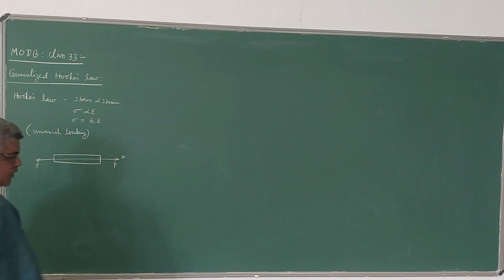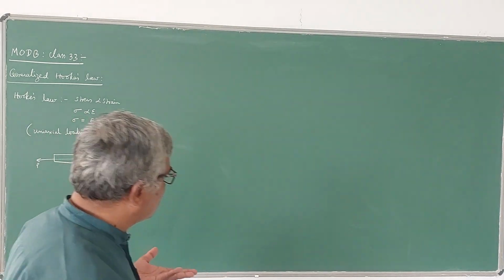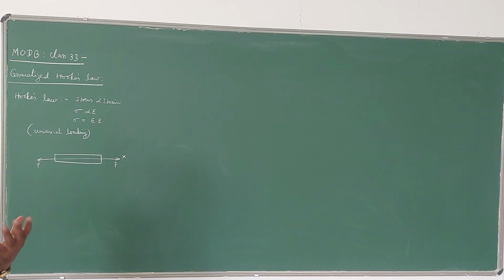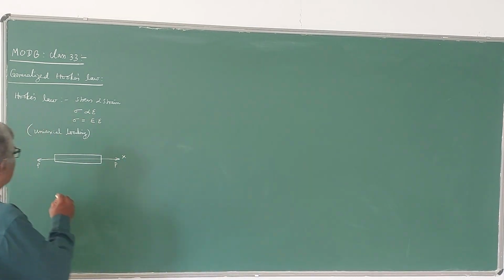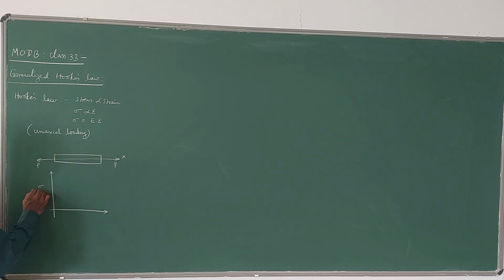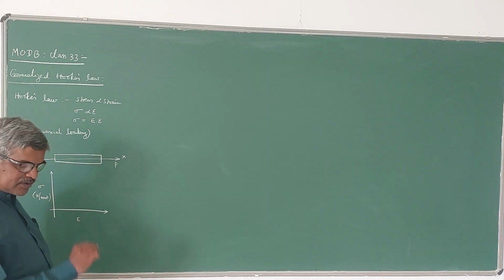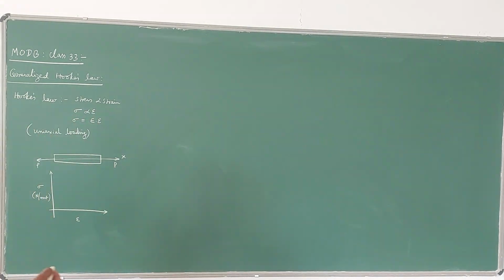Of course, in your undergraduate BE program, we have done the tension test on a mild steel specimen, and we have calculated the stress and strains at different points, and you have plotted the graph of stress versus strain. Stress is plotted along y-axis and strain is plotted along x-axis. Stress has the units of Newton per mm square, whereas strain doesn't have any unit.